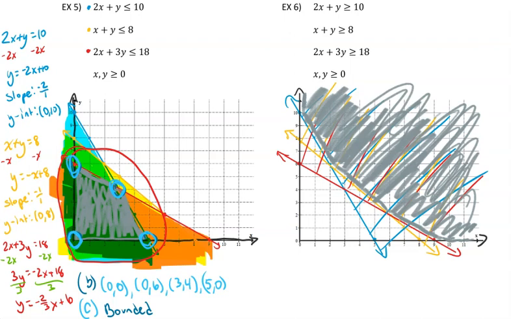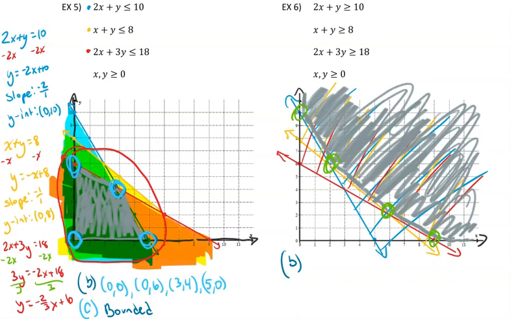All right, so with that, we can go ahead and find our corner points. So for B, we are going to have 1, 2, 3, and 4 corner points.